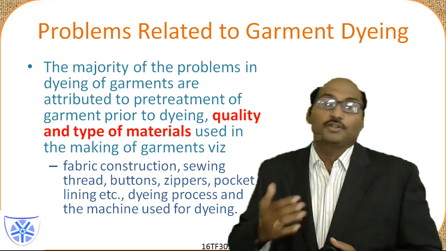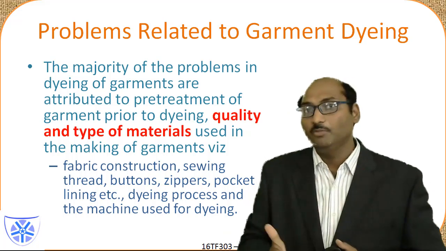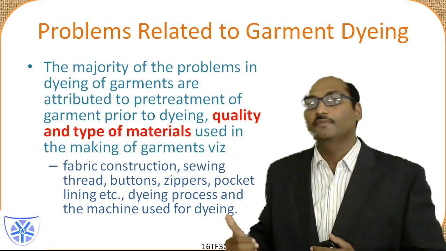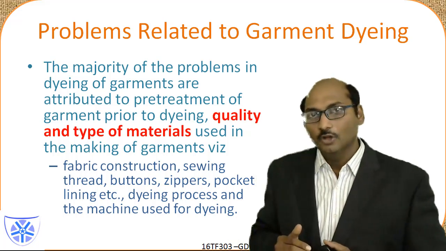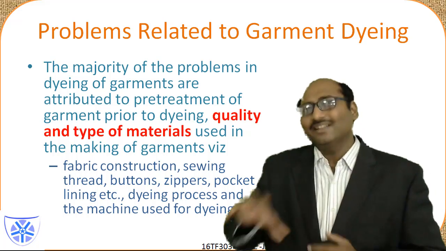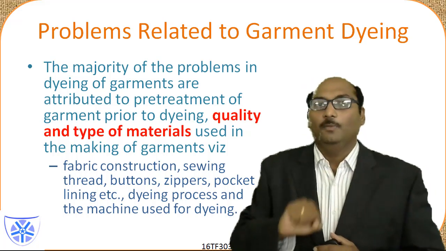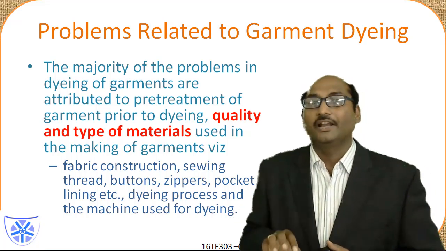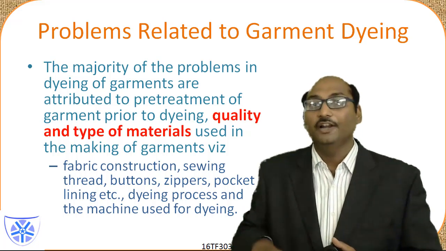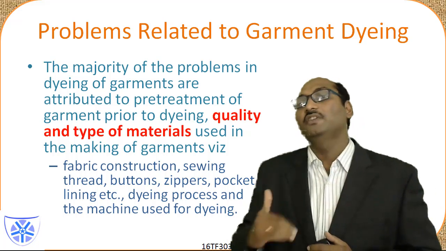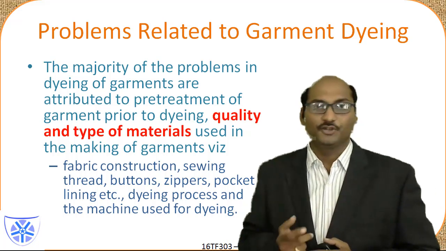Even the shade which is obtained in the paddle dyeing machine cannot be replicated in a rotary drum type dyeing machine, isn't it? So, these are the parameters which we need to stress upon as a technician to understand and identify the root cause, so that we can avoid these problems from repetition.